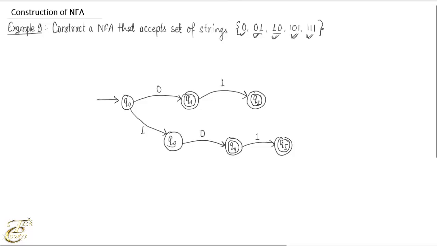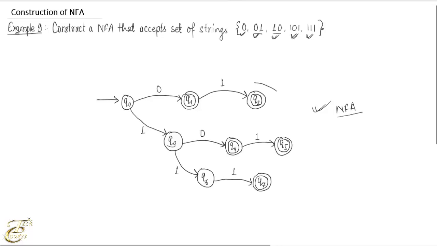Reading the first 1 leads to Q3, and reading the next 1 in Q3 leads to the next new state Q6, and then reading the last 1 in Q6 leads to the state Q7, and we make this Q7 state an accepting state. So this is our required NFA.